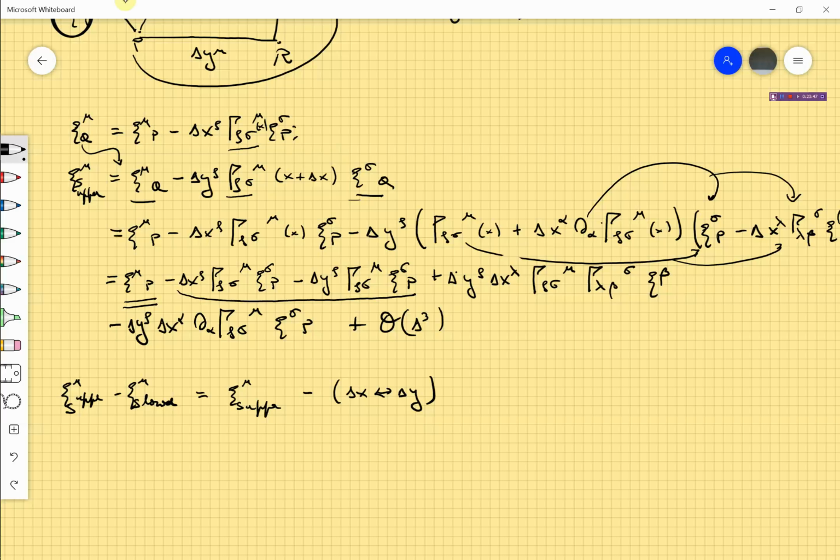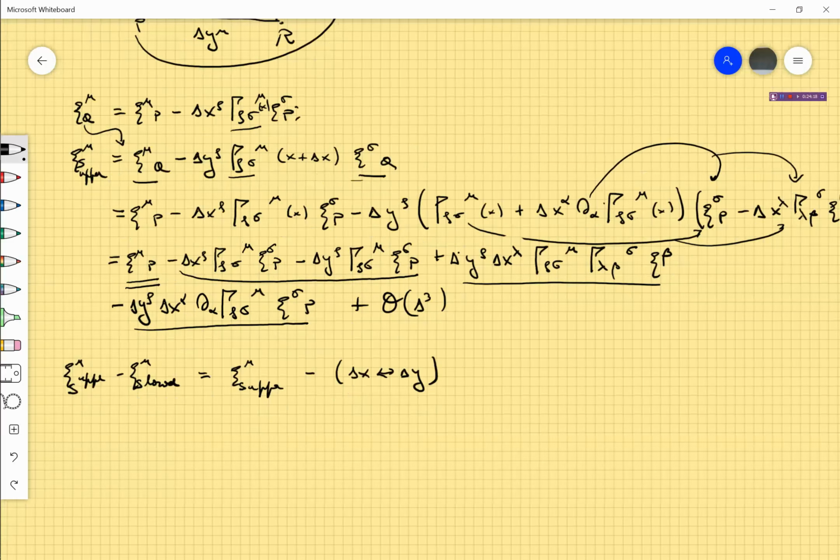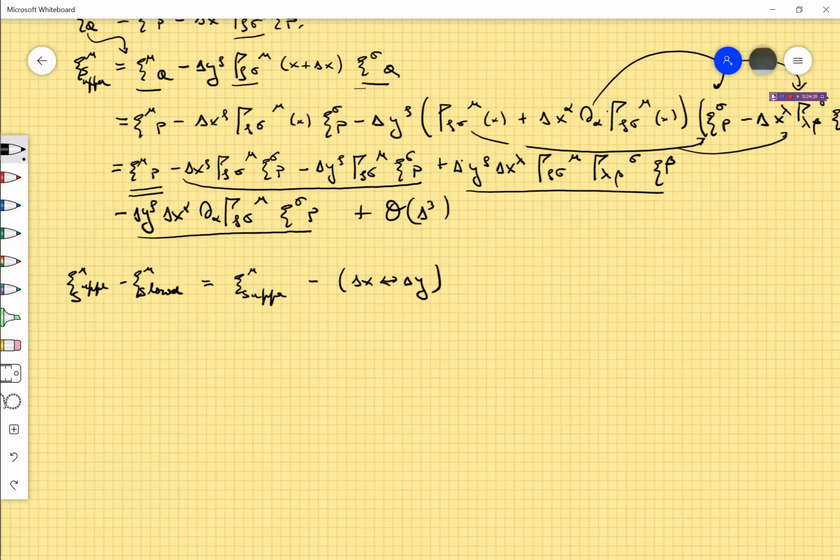So when I consider those two terms, I get something which is invariant under the interchange of delta x, delta y, which is symmetric under that replacement. So if I subtract what I obtain by replacing delta x by delta y, I am subtracting the same term, so they will cancel. And the terms that it's not clear whether they will cancel or not are this one and this one, and I'm going to write them in more detail.